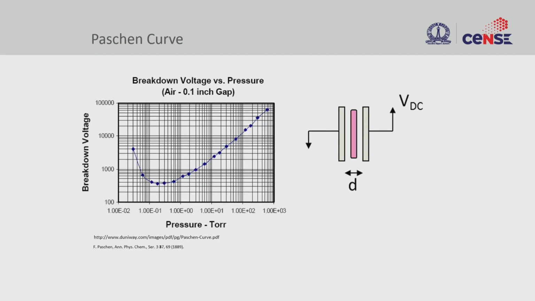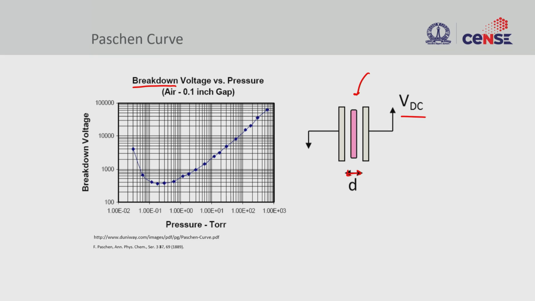So let's look at the voltage that is required to create this conduction. Basically what you are trying to do is break down the threshold between the two electrodes. This is the distance d that the two electrodes are separated by, you are applying a voltage, and this is under a certain pressure. This is a very classic experiment that was done a very long time ago to show the importance of pressure and of air gap on the breakdown voltage.